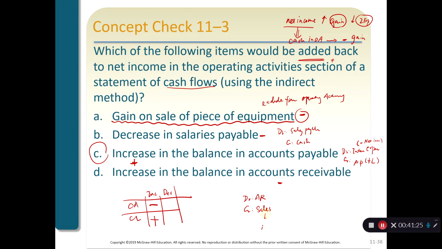So this is increasing the net income, but there's no cash impact. So therefore, if you want to adjust net income to cash, you have to minus the accounts receivable amount, right?